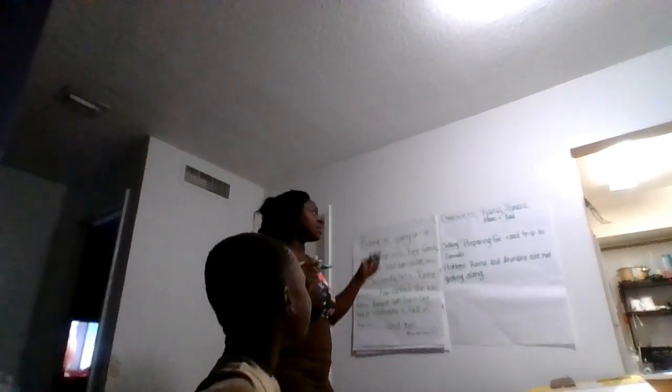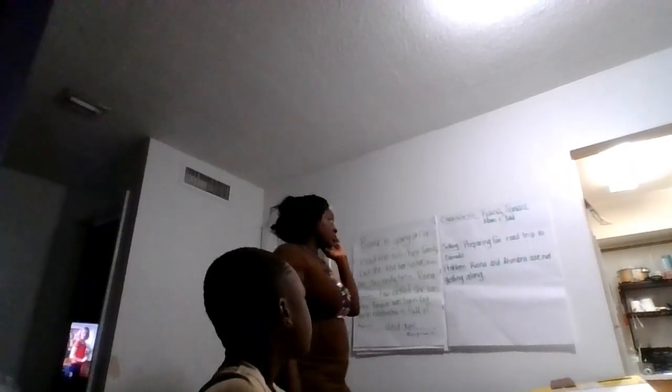All right, we could technically say that this is the beginning. So let's go ahead and write this in before we start reading, so we know. So we have the characters: Raina, Amara, mom and dad. Okay, when and where.